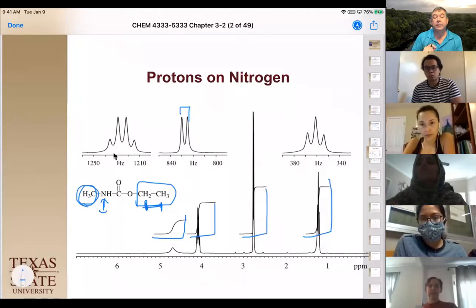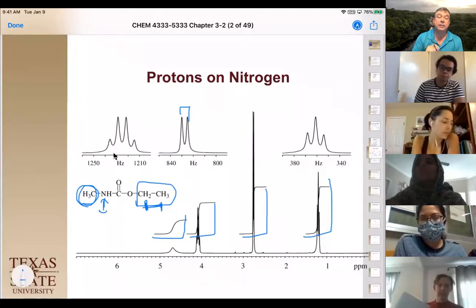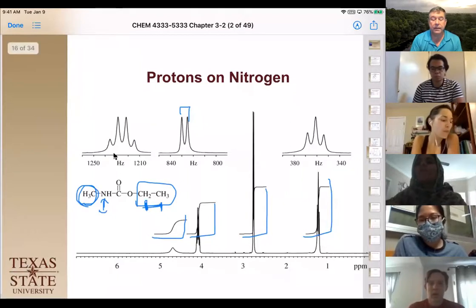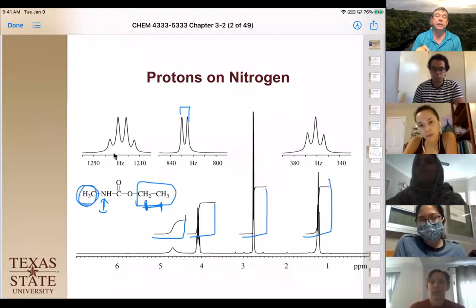So in this case, because of the solvent, the nitrogen does couple. But again, you change the solvent and you may not see that coupling at all. That's unique to the oxygens and nitrogens because of their ability to hydrogen bond and exchange rapidly with the solvent.